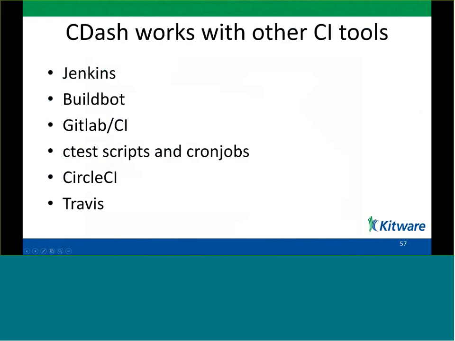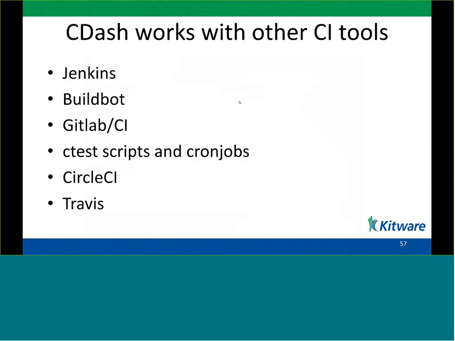CDash works with other CI tools. It can work with Jenkins, BuildBot, GitLab CI, or just CTest scripts and cron jobs, Circle CI, Travis. And I think CDash provides something that these other tools are somewhat lacking on.